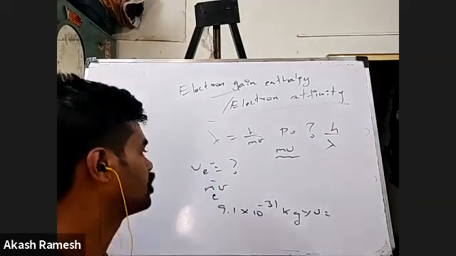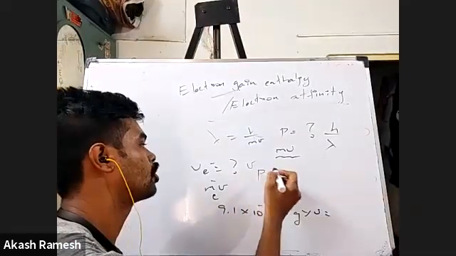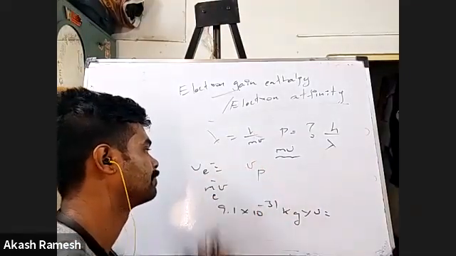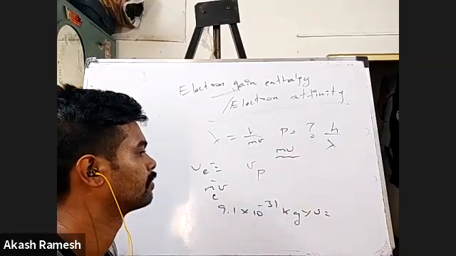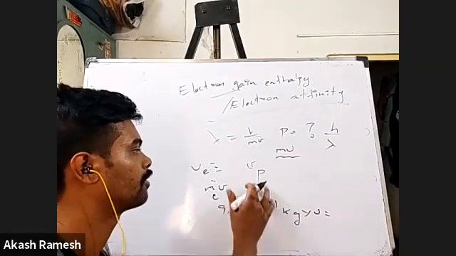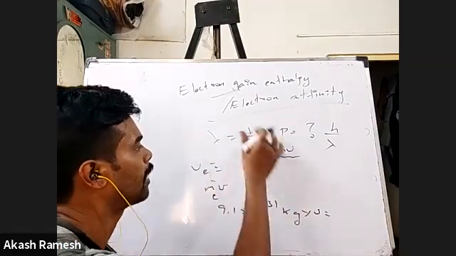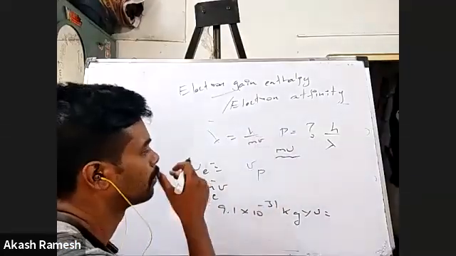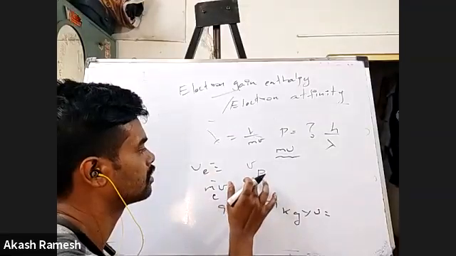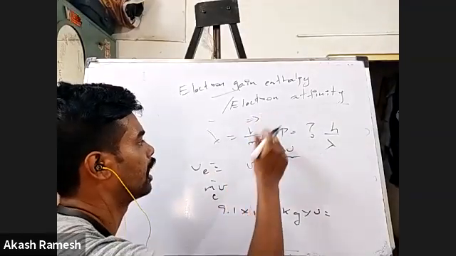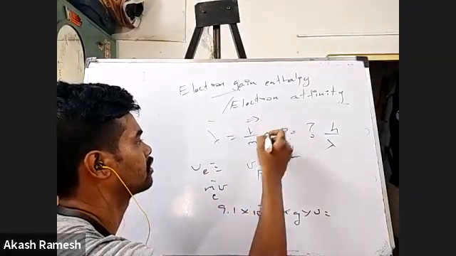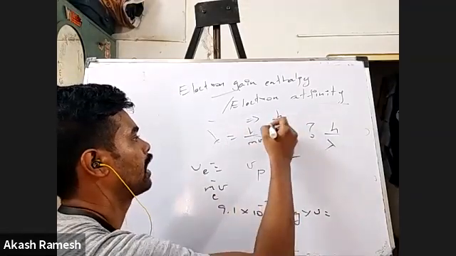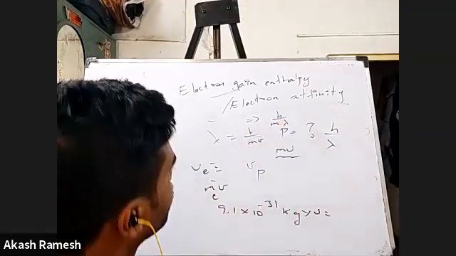So the velocity of electron and the velocity of photon is the same. That's what they're telling, right? So as the velocity of a photon which has a lambda value is equal to h by mv, this v, how will I write? I can write it as h by m lambda, right?